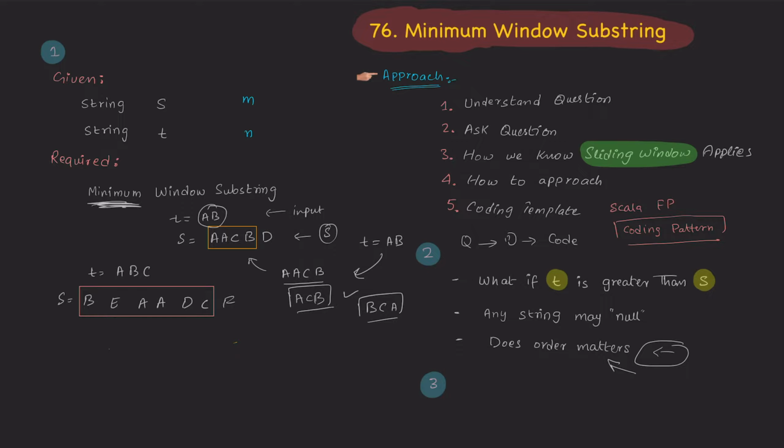And now you can see that here A is repeated twice. So that will be the required answer, but we can't find any other solution because B is here, C is there, and A is packed twice. So we have to take them twice. But that's the minimum window substring that satisfies this condition.